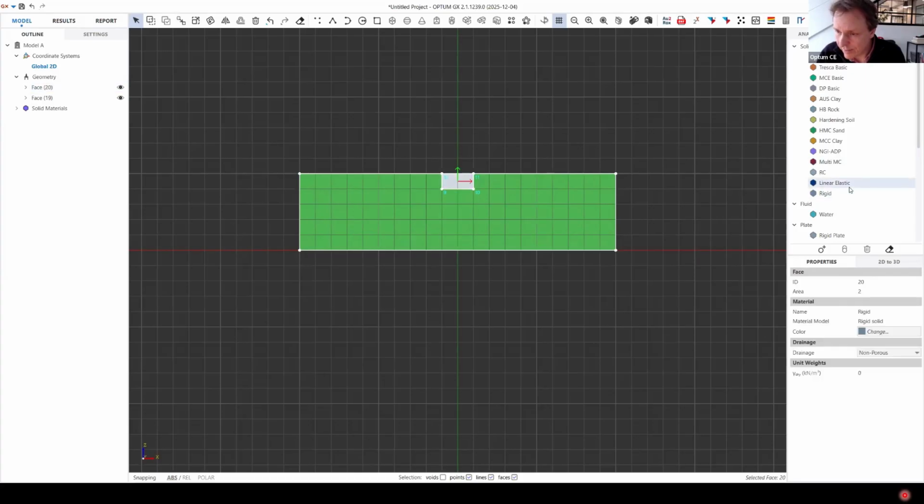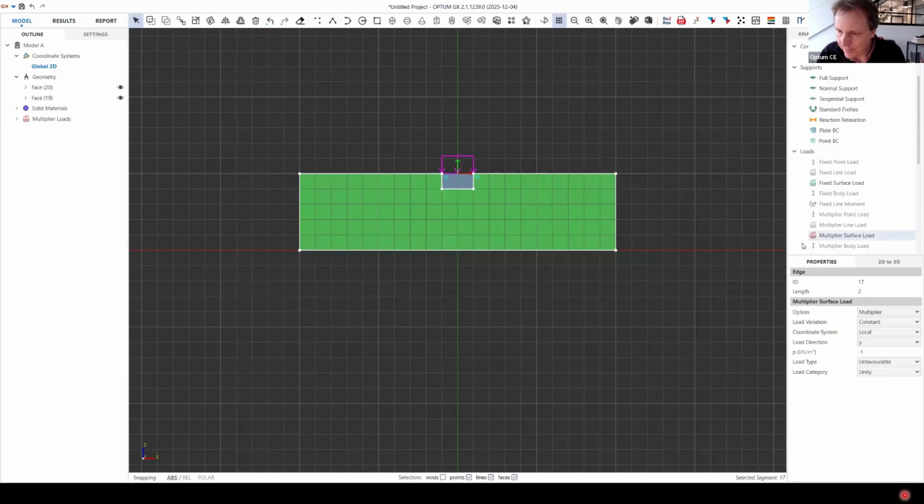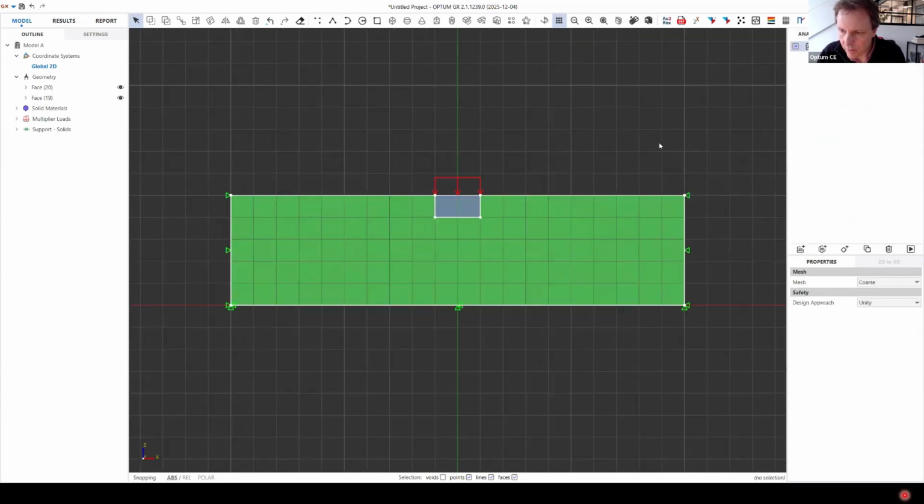That's the usual sort of infinitely strong, infinitely stiff material. Let's just keep the unit weight at 0. And then we want to know, if we apply a surface load like this, what is the bearing capacity we need to support this with standard fixities is usually the way to go.